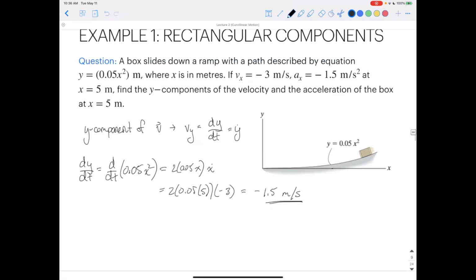Now let's do the exact same thing with acceleration. So our y component of acceleration, ay, is equal to the derivative dvy dt. We have an equation for our Vy, which is right here.